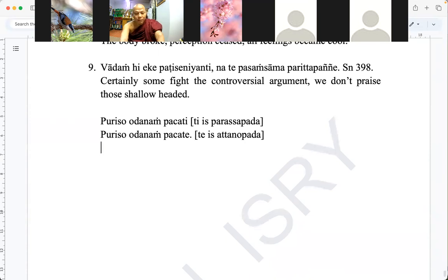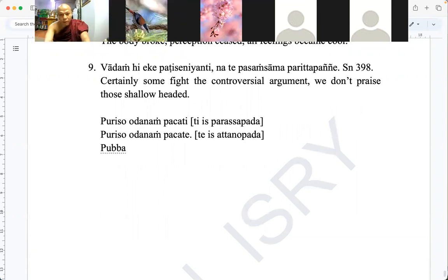Yeah. So firstly, pubba means former or previous.